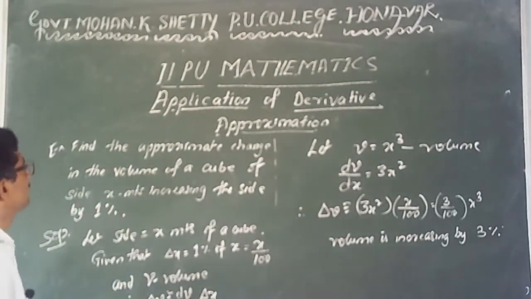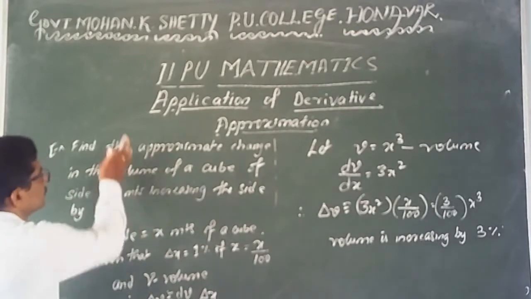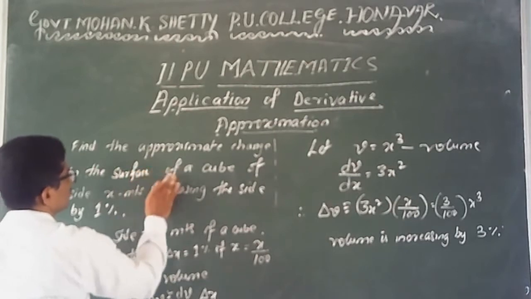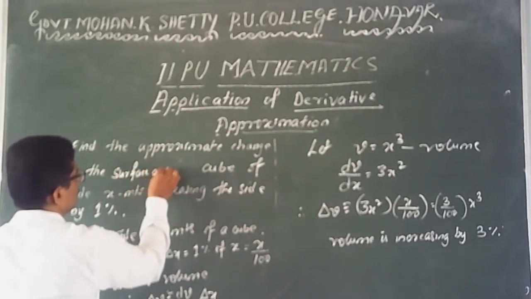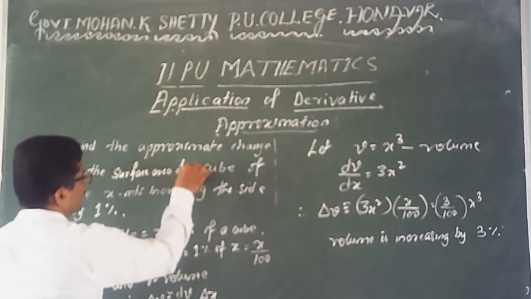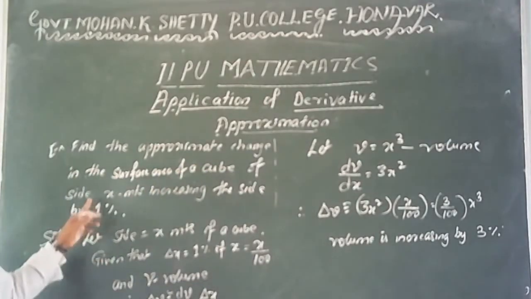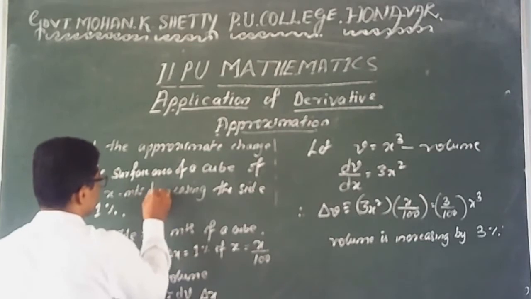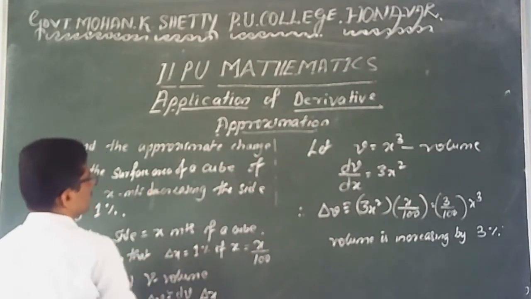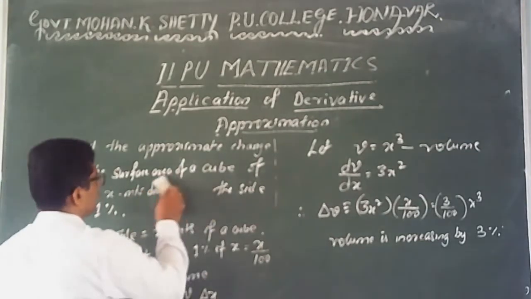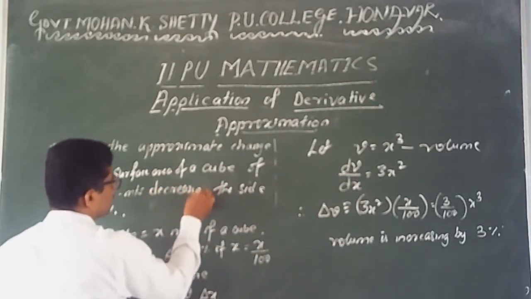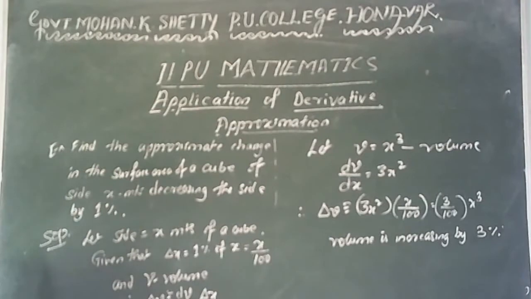The same question is asked: suppose the side of a cube is x meters, find the approximate change in surface area when the side is decreasing by 1%.